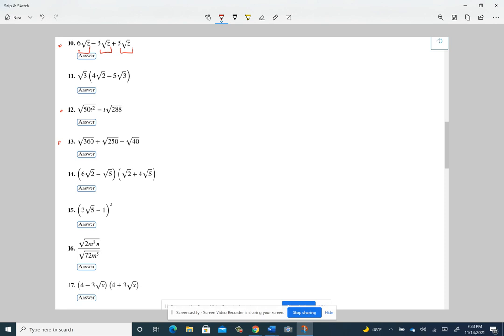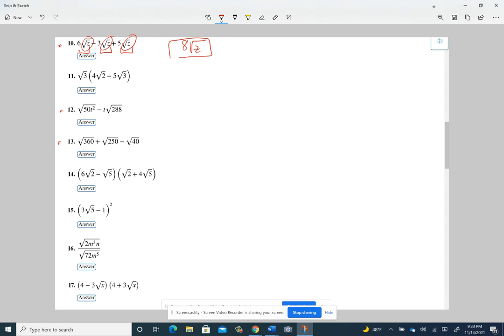So to be able to add or subtract radicals, it's got to be like it had to be back when you just dealt with variable terms. So you have 6 minus 3 plus 5. So that would be 3 plus 5. That would be 8. And it would be square root of z's. You're just really counting up how many of these you have. So 6 minus 3 would be 3 plus 5 would be 8 of them. And that would be your final answer.